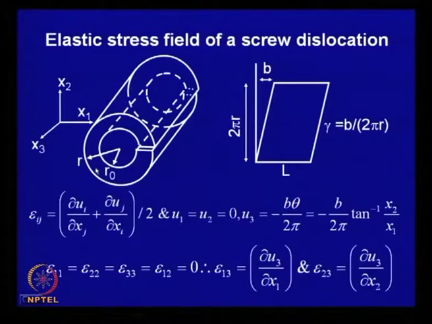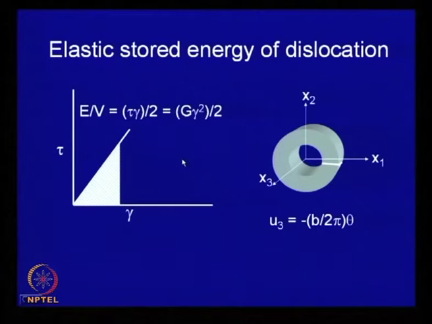If you go round an angle of 2 pi, what happens? You move through a displacement along the x3 axis, and this displacement is b. So, if you move not through 2 pi, but through an angle theta, then the most general expression for the displacement u3 is b over 2 pi times theta.